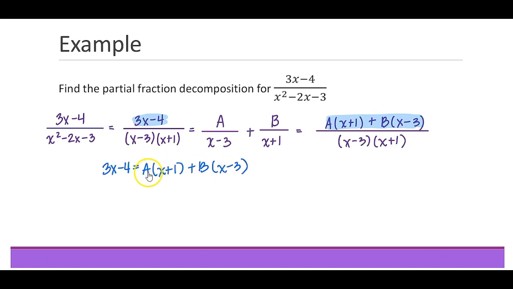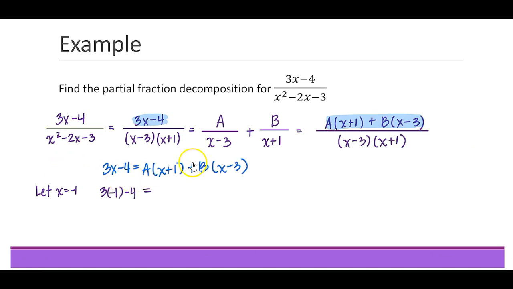So focusing in on a times the quantity (x plus 1), if I conveniently choose x to be -1, -1 plus 1 will be 0, and that will eliminate my a term. So I'm going to start by letting x equal -1. And that's for every x. So the left-hand side becomes 3 times -1 minus 4.